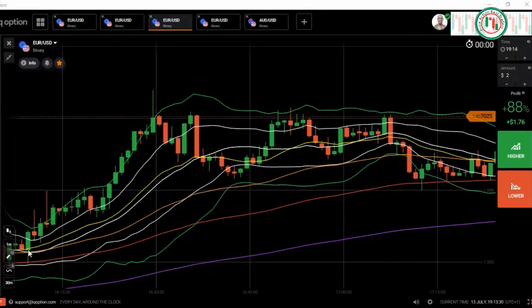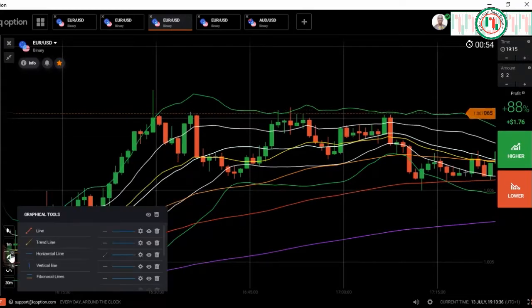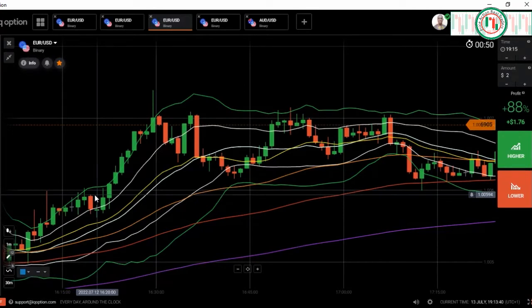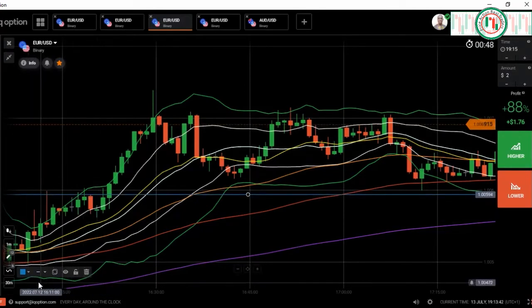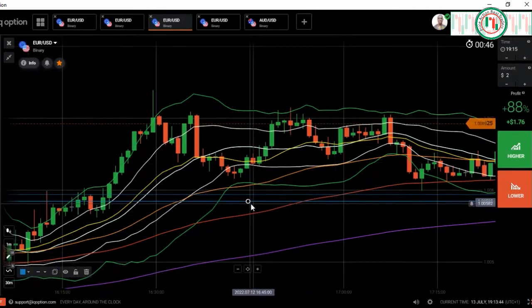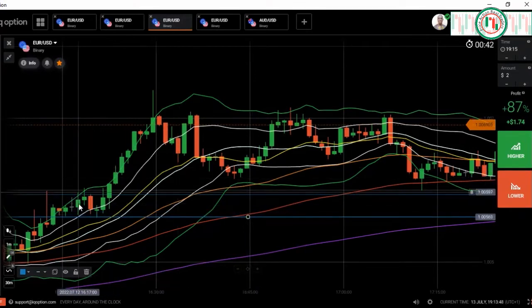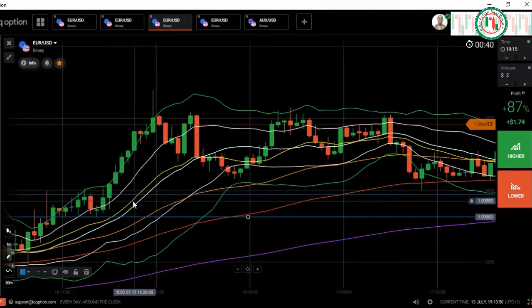Let me draw with this one so that it will be straight. See here, you draw like this red and the bottom of this green, so the whole area is your zone.